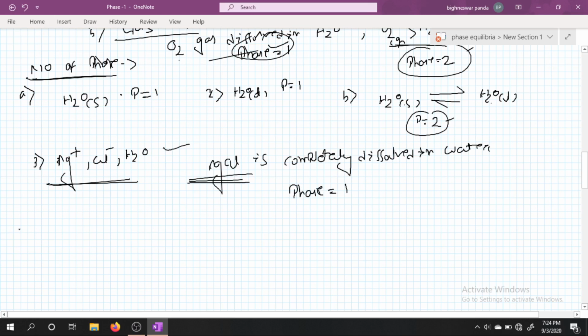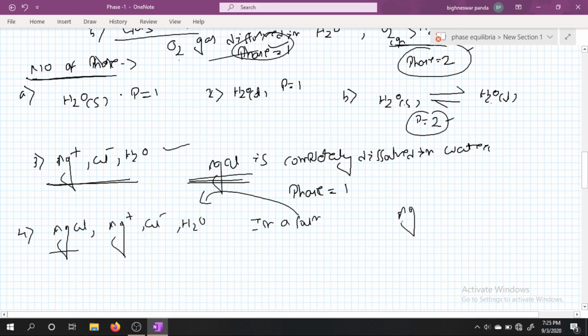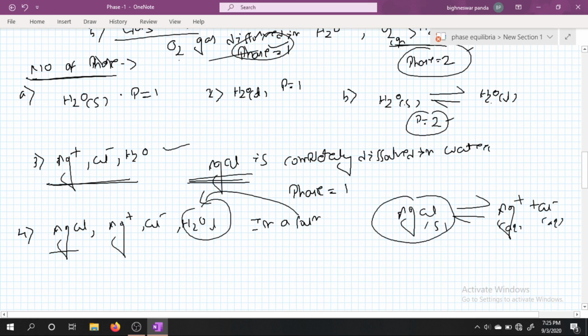If in another type of question it is given like this, AgCl, Ag plus Cl minus, water, that means in a solution the species are present, that is AgCl, Ag plus Cl minus, that means here AgCl is partially dissociated. Since AgCl is partially dissociated, AgCl solid is present, water is liquid, Ag plus Cl minus, so here phase is 2.